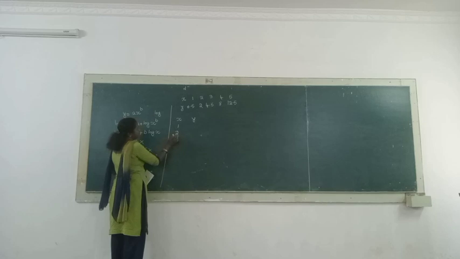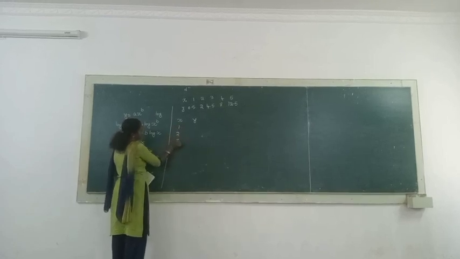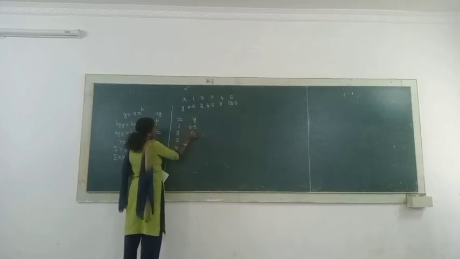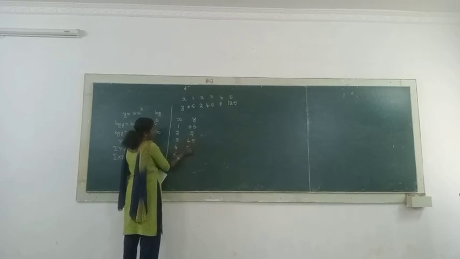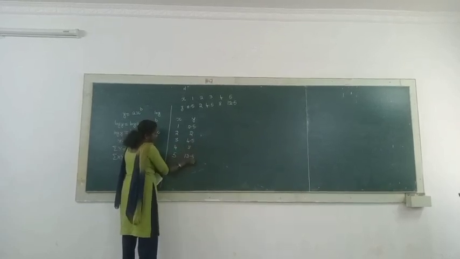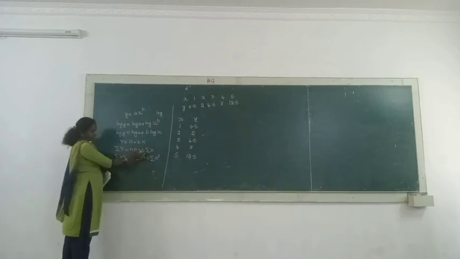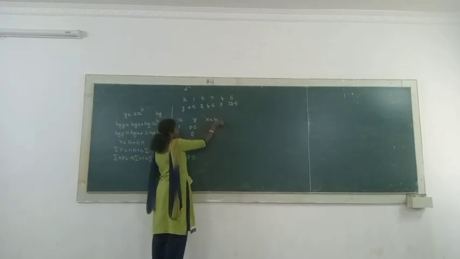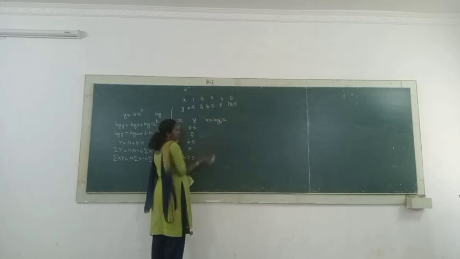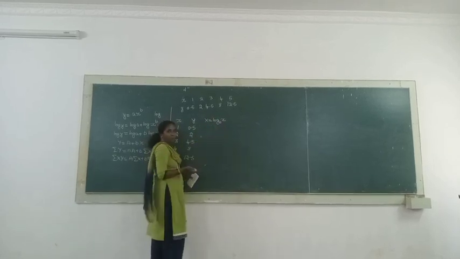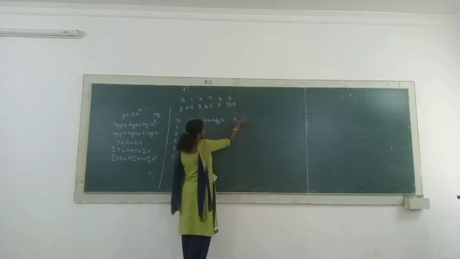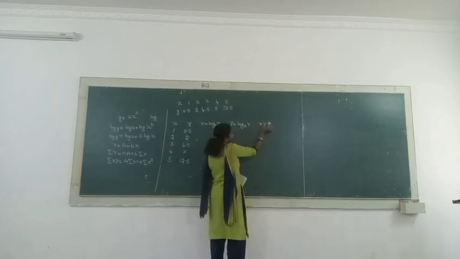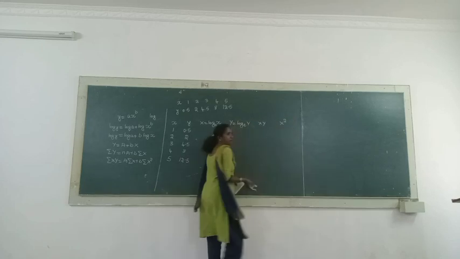X values are 1, 2, 3, 4 and 5 and corresponding y values are 0.5, 2, 4.5, 8 and 12.5. Now for the normal equations we require summation of capital X, which is nothing but logarithm of small x. It is understood that it is natural logarithm, logarithm to base e. Similarly, we require capital Y, which is logarithm to base e of small y. Then we want the values of X into Y and X square.